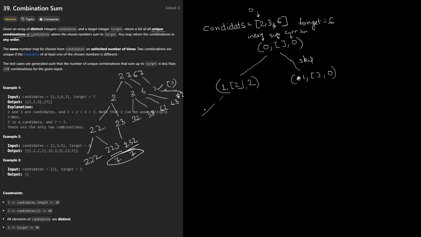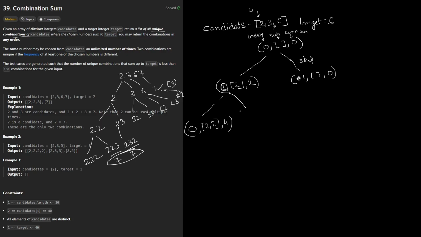I can choose to add. Here I just made an error. Whenever you're choosing the first option, we are not going to increment our index. Our index is going to remain the same. So in this case, our index remains the same, our combination is going to have two 2's, and our current sum is going to be 4.